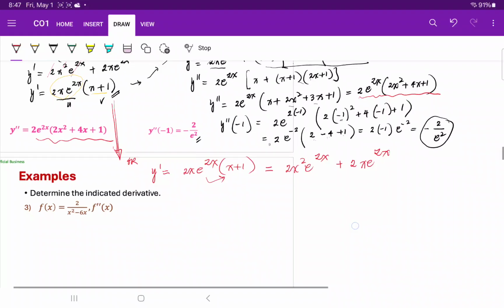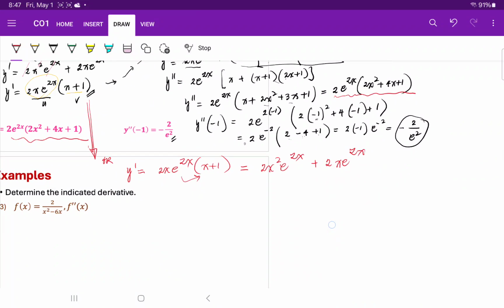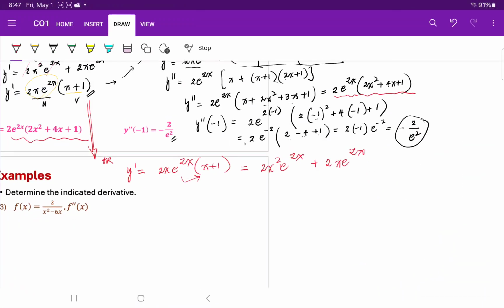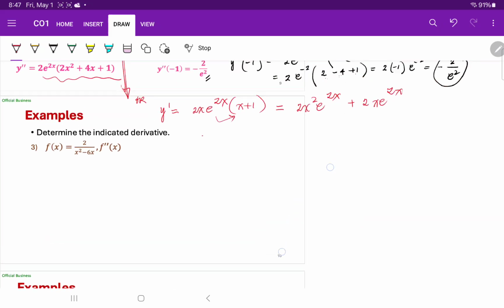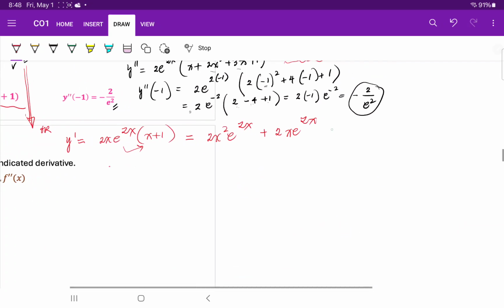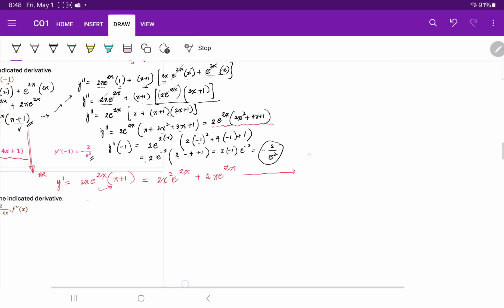So in that case, how do we solve for the second derivative? Let's just continue the solution here.